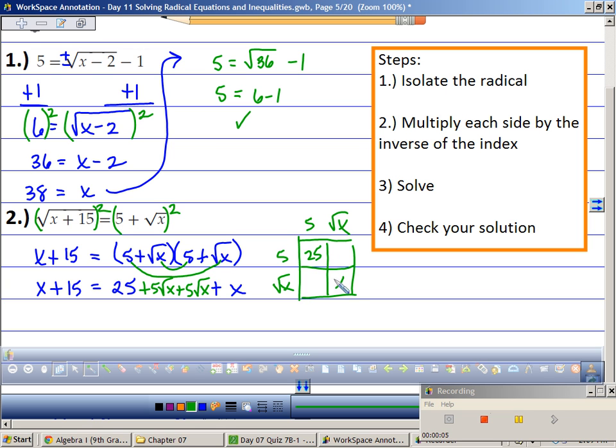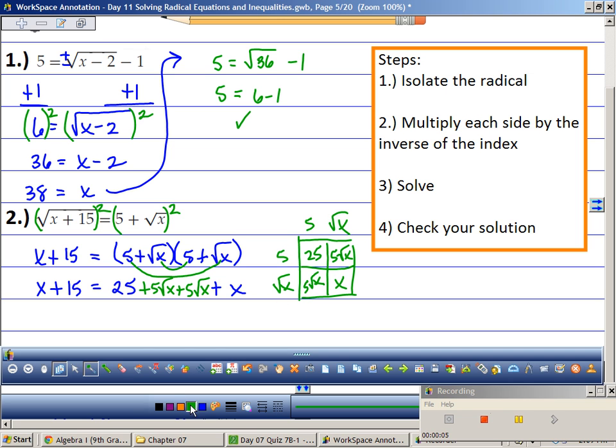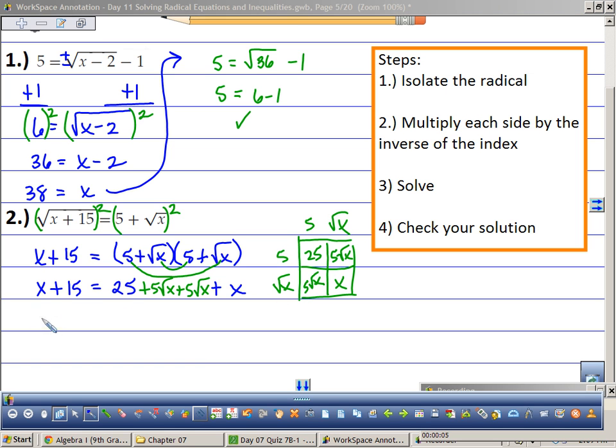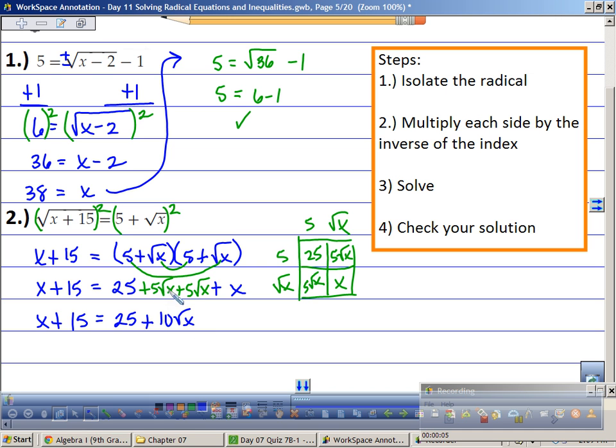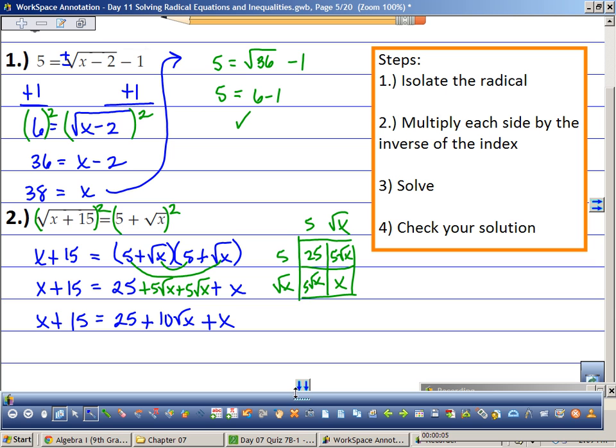So this would be 25, and this would be x, and this is 5 root x, and this is 5 root x. No matter which way you do it, you're going to get the same thing. So I get x plus 15 equals 25 plus 10 root x plus x, because I've got 5 root x's and another 5 root x's.